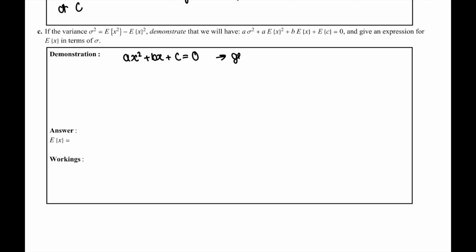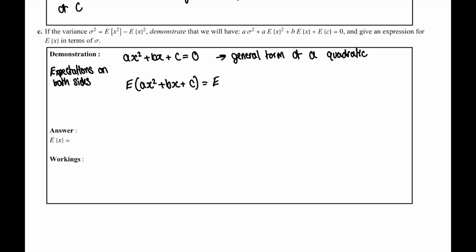I'm now going to take expectations on both sides. So I get the expected value of this whole equation is equal to the expected value of 0. The expected value of a constant is just the constant itself.